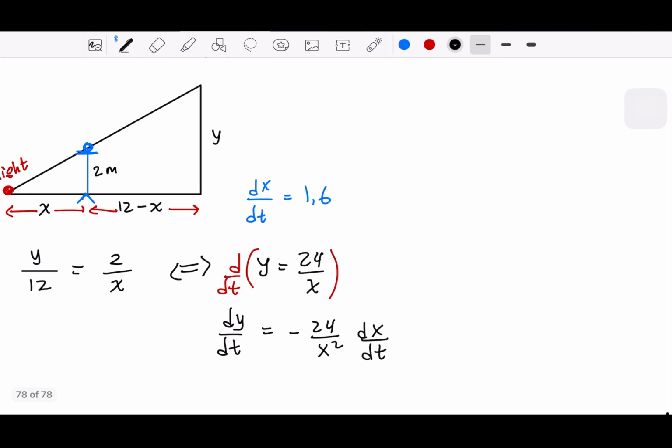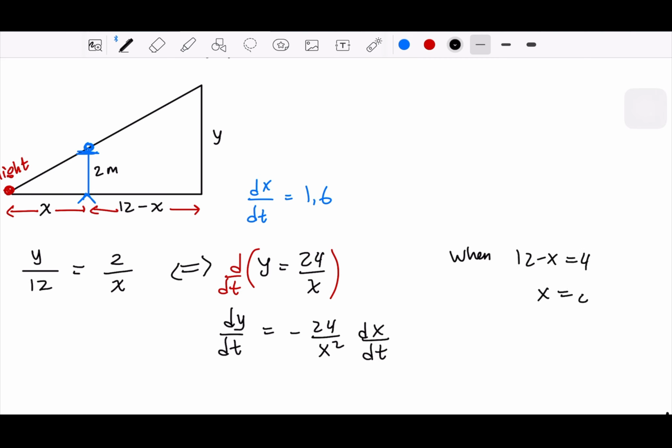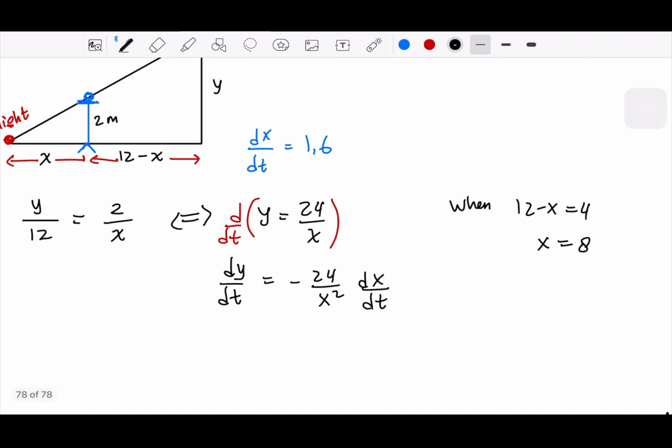This is the building, the wall, right? So when 12 minus x equals 4, x is equal to 8. So dy over dt is equal to negative 24.